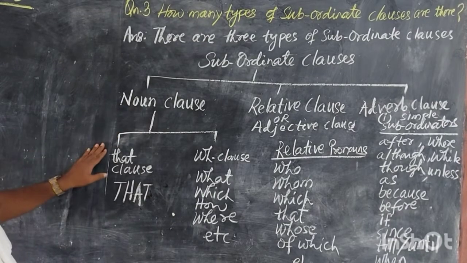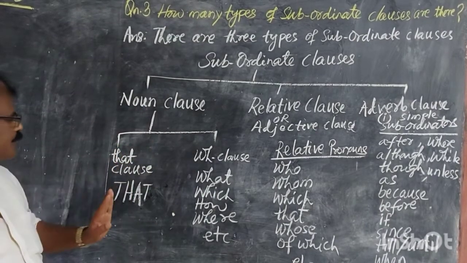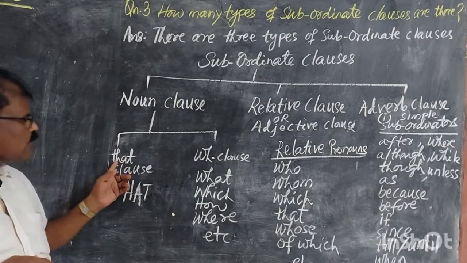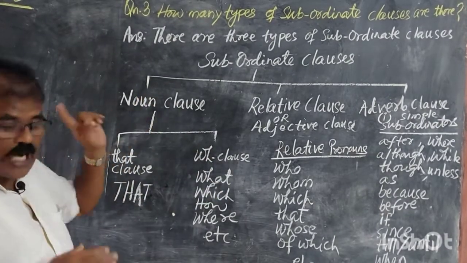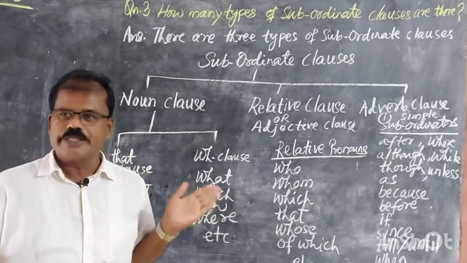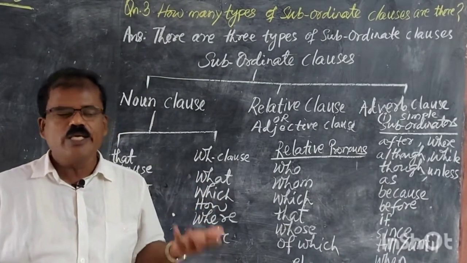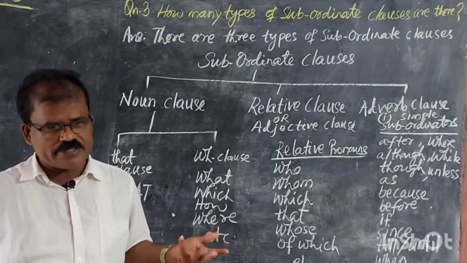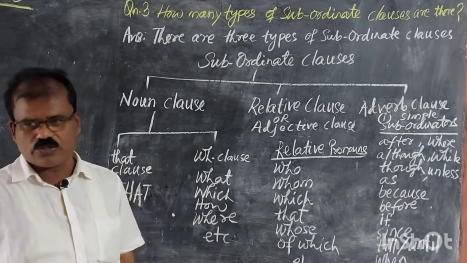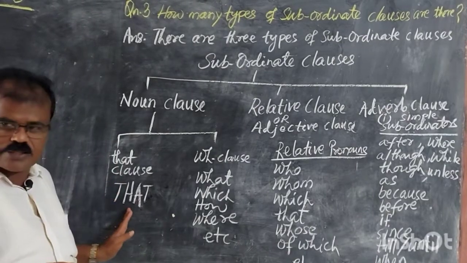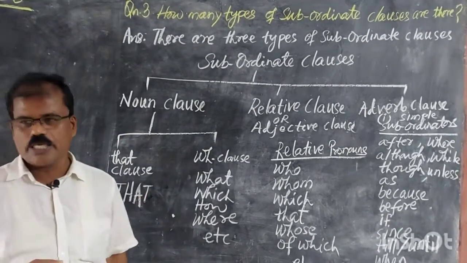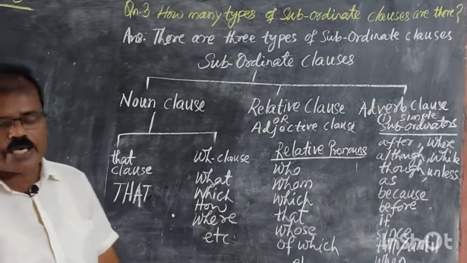Noun clauses are of two types: that clause, WH clause. That means the clause that acts as a noun, that does the duty of a noun or a noun phrase, is called a noun clause. And noun clauses usually begin with that or a WH word, like what, which, how, where, etc.